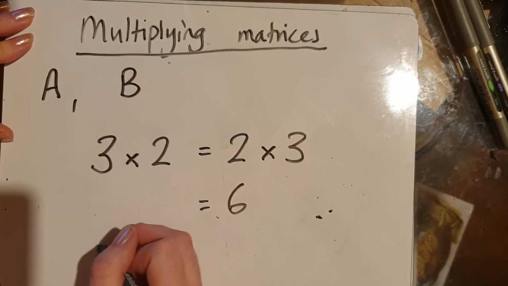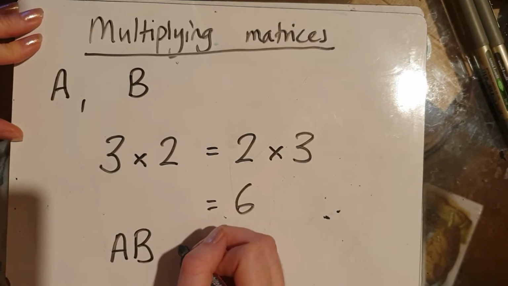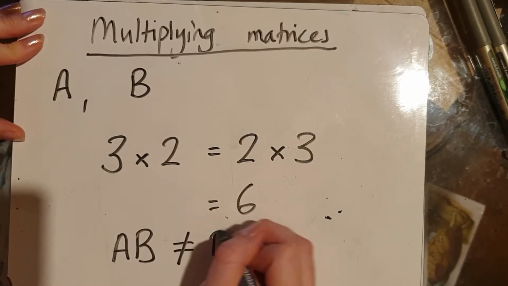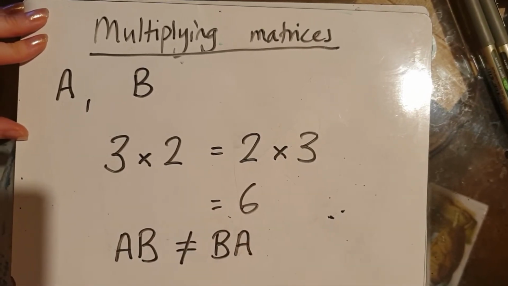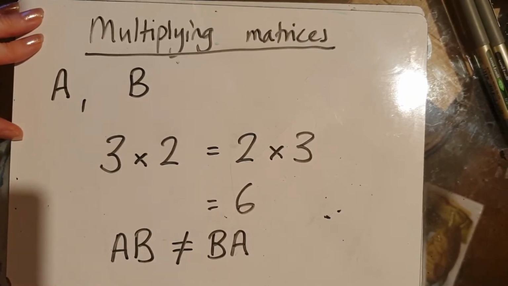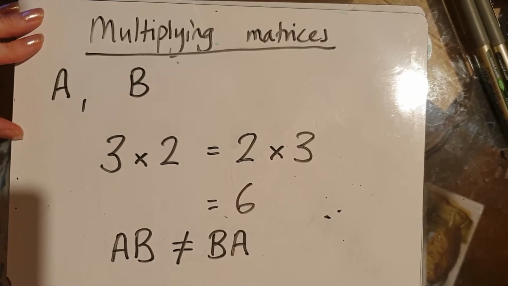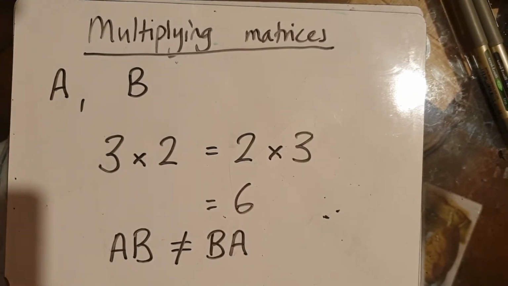However, if we have matrices A and B, A times B is not necessarily the same as B times A. Matrix multiplication depends on the order that we multiply two matrices together. And some matrices we can't even multiply together.